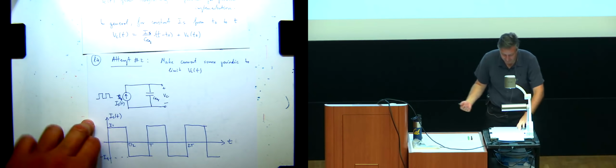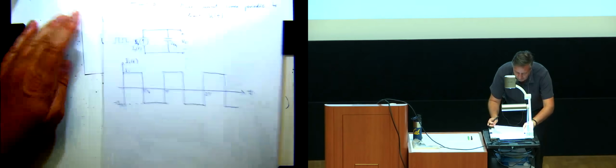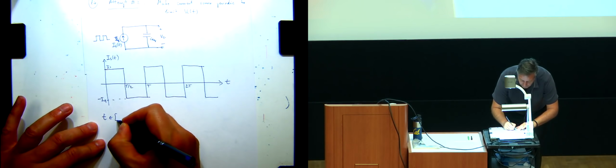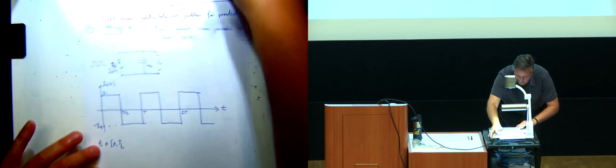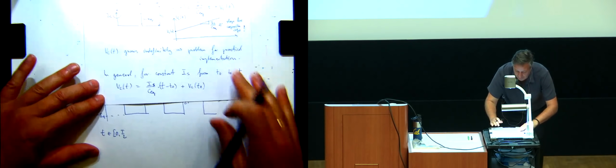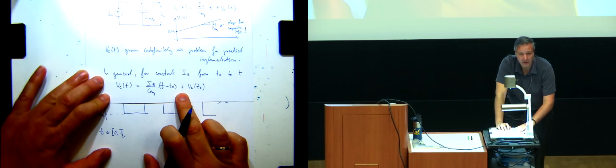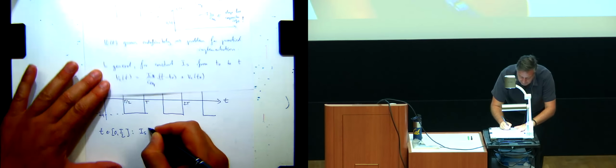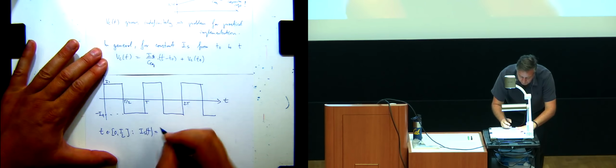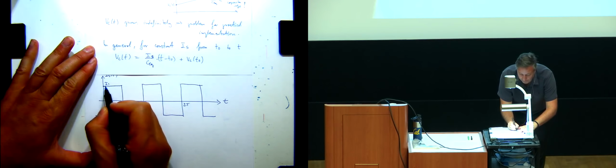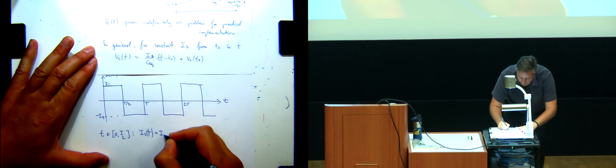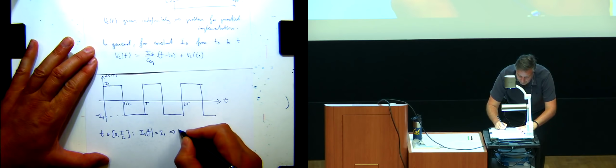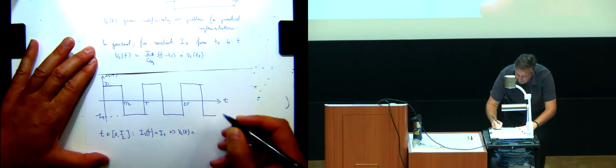So let's derive that real quick. So for time t between 0 and T over 2, we're just going to use essentially this equation here that I already had. So we have Is of t during this time is I1, equals I1. So I'm just charging up the capacitor, so Vc of t is just what we derived already.